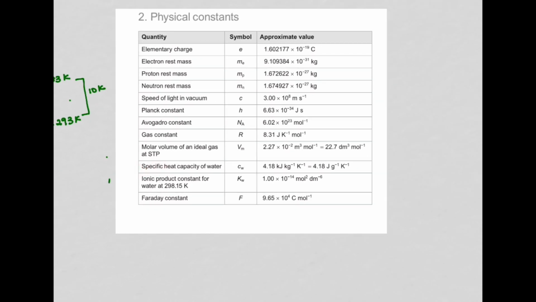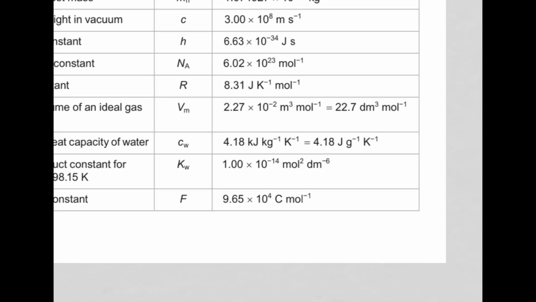Here, specific heat capacity of water, Cw, is 4.18 kilojoule per kilogram per Kelvin, or joule per gram per Kelvin. Now, these two values are the same. The only difference is in the units. You just have to be very careful.